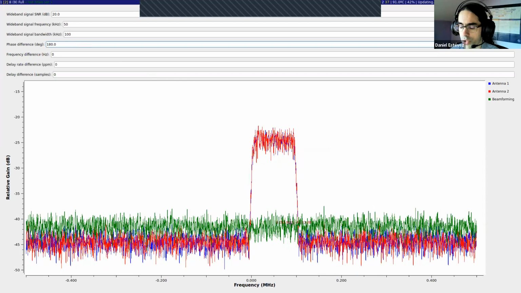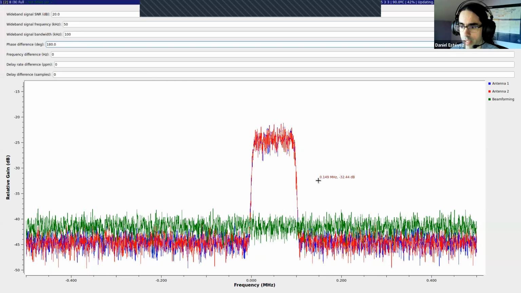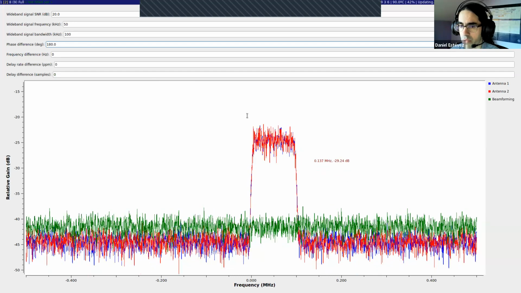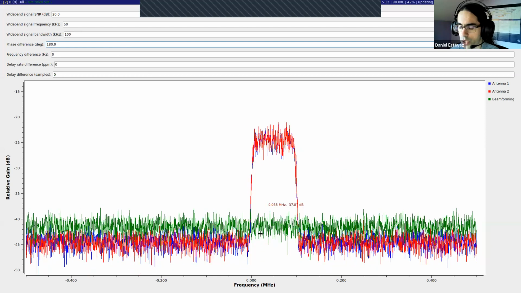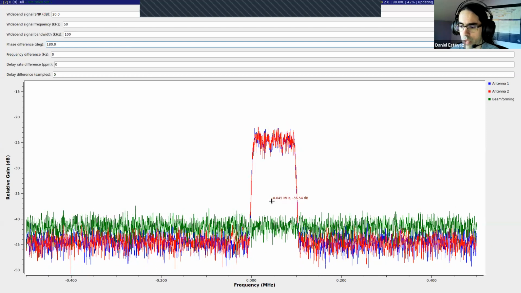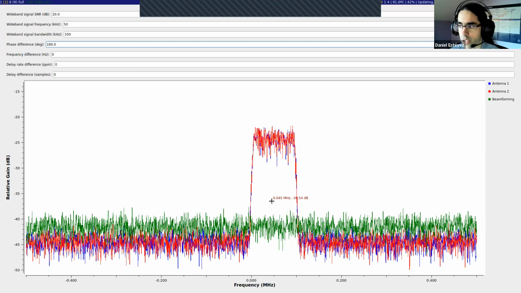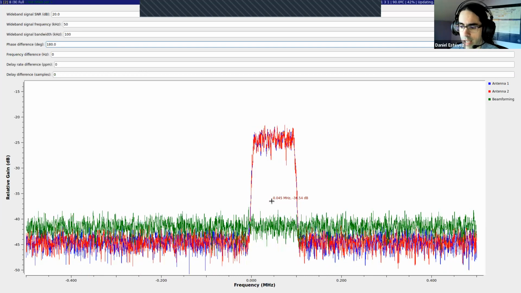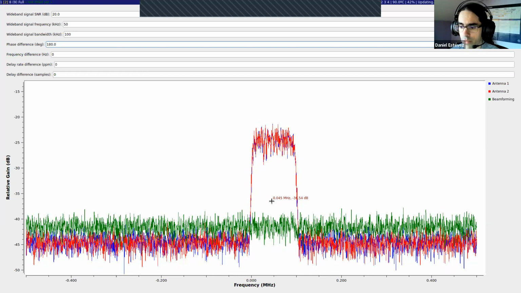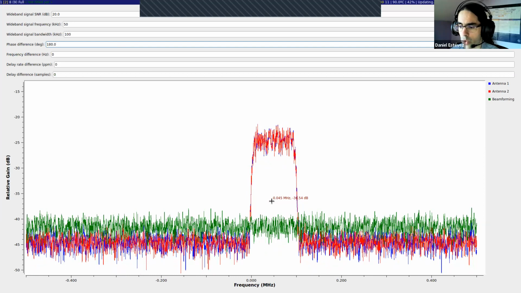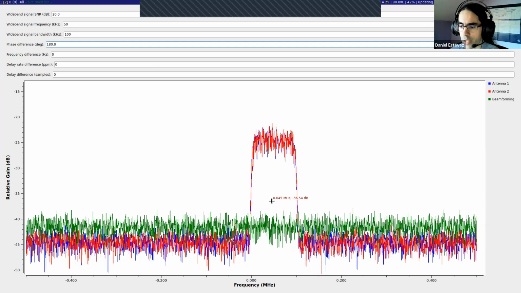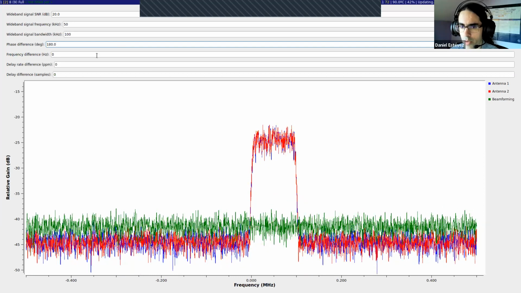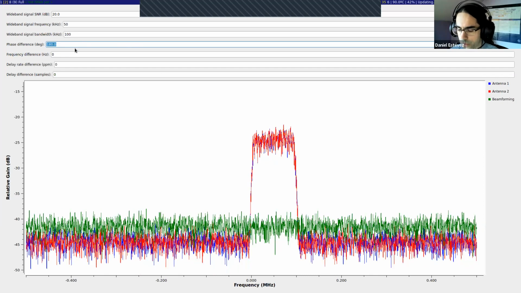So this is called null forming. It's in a certain sense the opposite of beamforming. You can produce nulls in your antenna radiation pattern, and that means that when a signal is arriving from that direction, it will be completely canceled, and you can use that to cancel radio frequency interference.